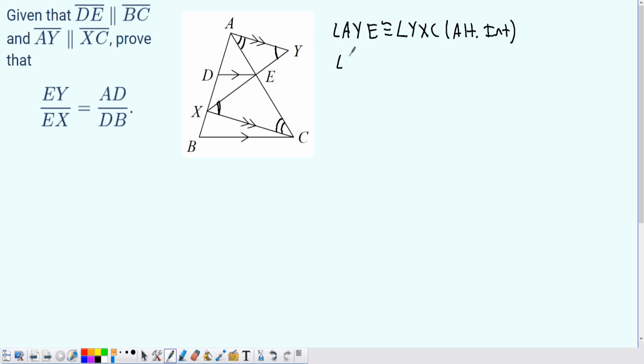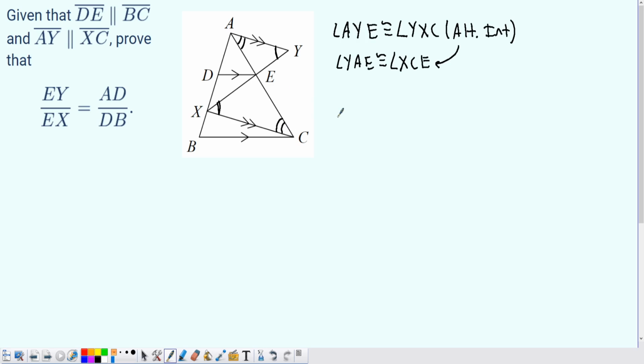So YAE is congruent to XCE for the same exact reason. They are alternate interior. We could have also noted that AEY and XEC are the same because they're vertical angles.